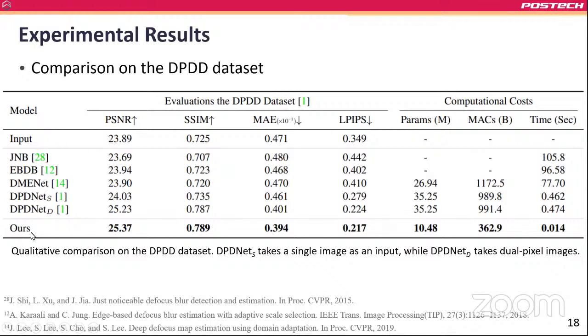We do not use those stereo inputs, but even in that case, our network shows better performance than the one using dual pixels. Also, in terms of computation cost, our network has a smaller number of parameters and runs faster.